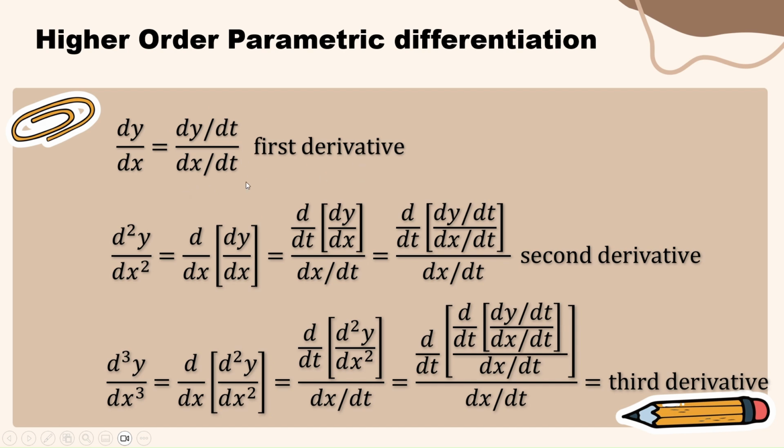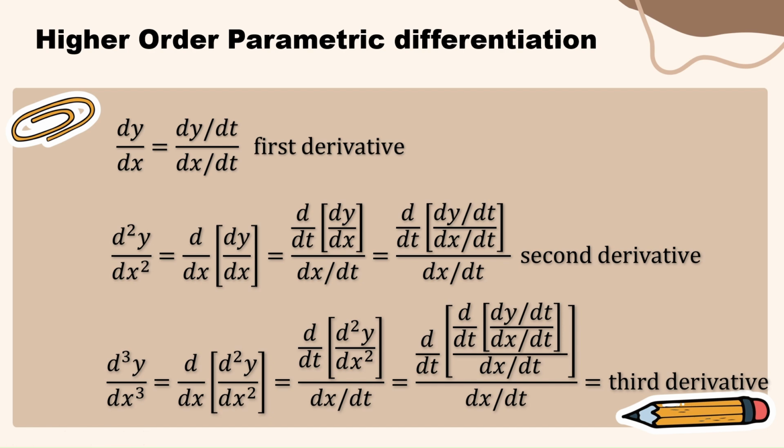But in order to get the second derivative of our parametric equation, we can obtain that by getting the derivative of the first derivative, then divide it by dx over dt.